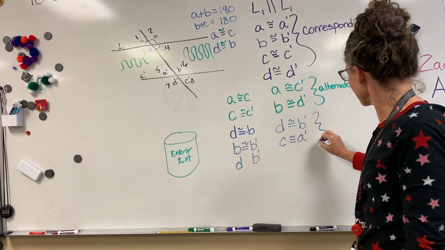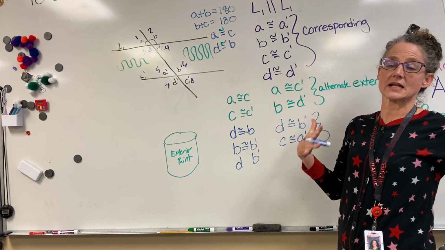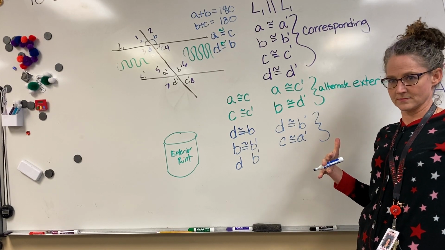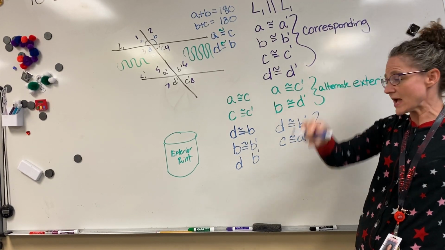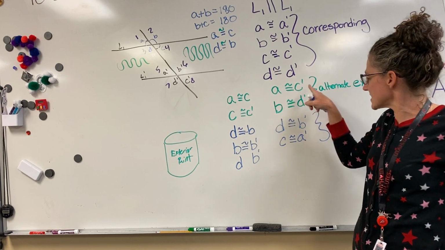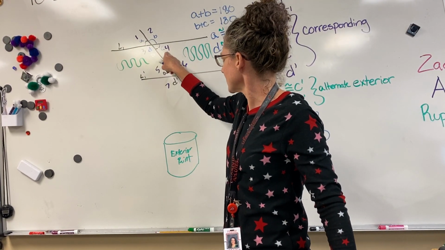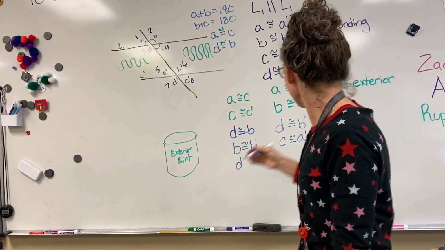So, if I'm going to paint the inside of my house, what kind of paint am I going to use? Interior paint. If these guys are alternate exterior, what would these guys be? Alternate interior.